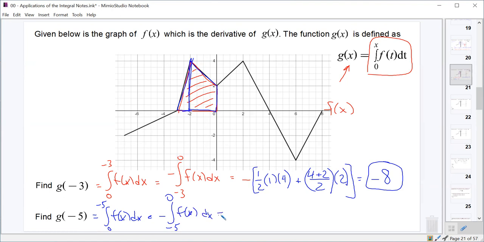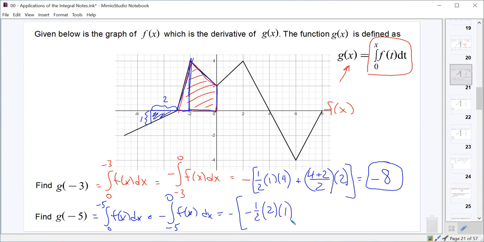So we'll just do negative, and then from -5 right here to -3, that little bit has a base of 2 and a height of 1, and it's below the x-axis, so it's going to be -1/2 base times height.